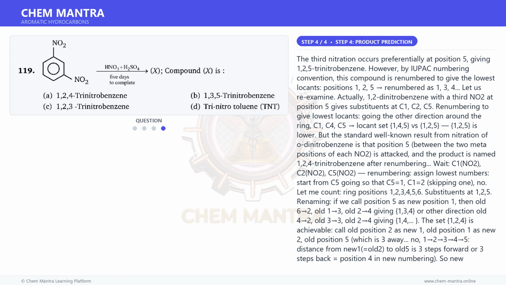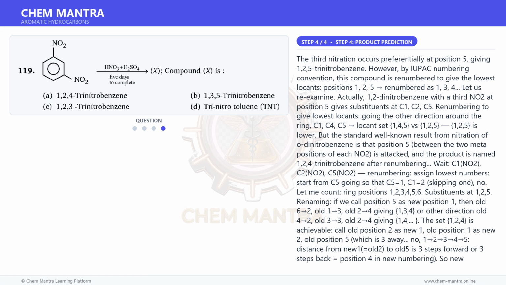Let us re-examine. 1,2-dinitrobenzene with a third NO2 at position 5 gives substituents at C1, C2, C5. Renumbering the other direction around the ring gives locant set 1, 4, 5, versus 1, 2, 5, which is lower.